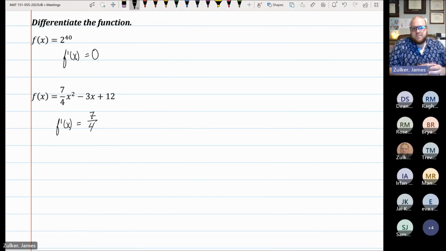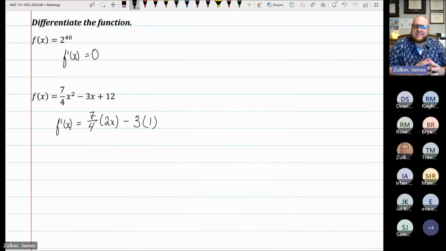The scalar 7/4 times the derivative of x squared, which is a power rule. 3x again is a scalar multiple, so it's going to be the scalar 3 times the derivative of x, which is just 1.